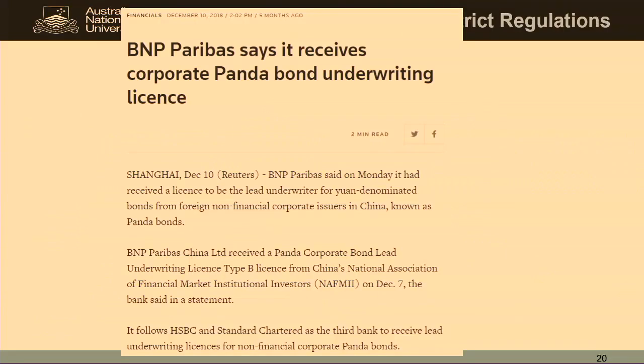Foreign bonds, as I said, a distinguishing feature is tight regulations. So panda bonds are becoming more and more popular in the past few years as foreign investors are trying to exploit the very big market potential in China. So BNP Paribas in 2018 received a license to be the lead underwriter for yuan-denominated bonds for foreign non-financial corporate issuers in China.